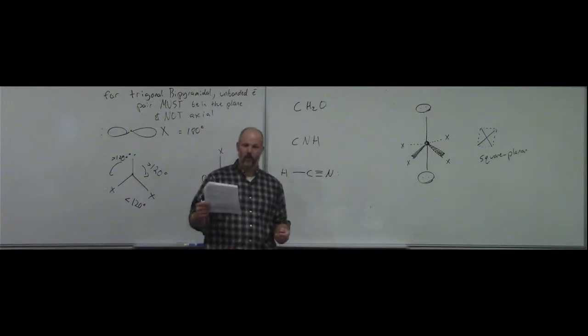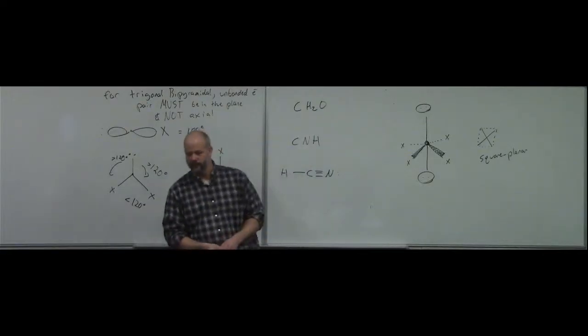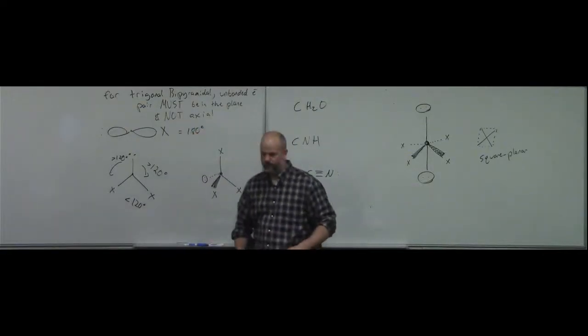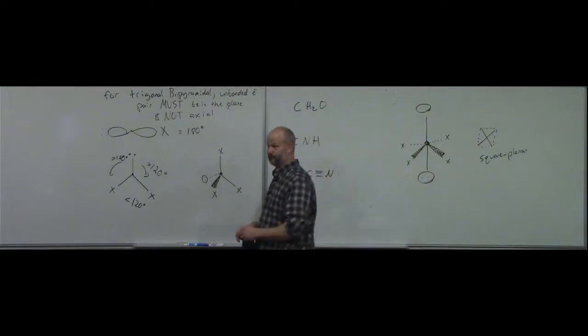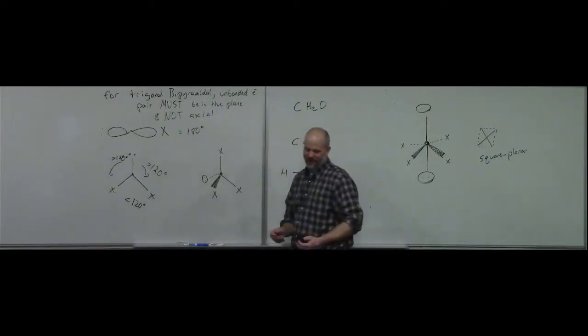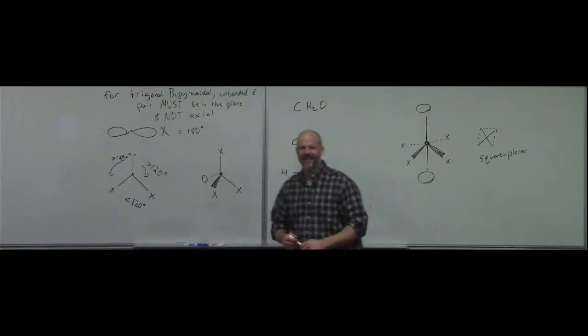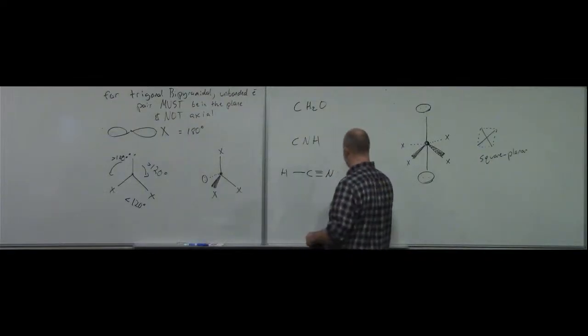Carbon dioxide, go. Tell me its shape. Linear. If you're just going to do it that fast, that's great. Why is it linear? Because it's 2 double bonds, so they're just going to go like this, right?